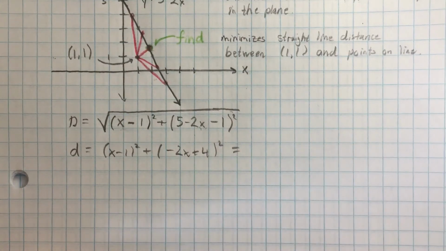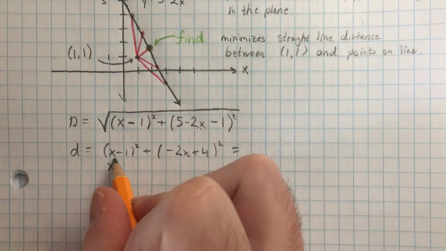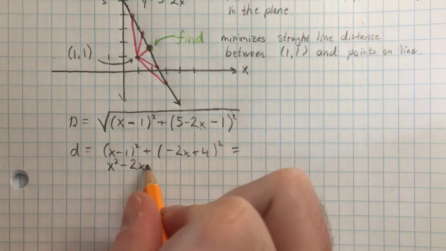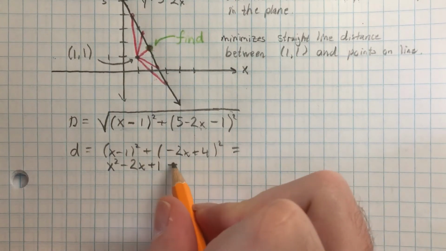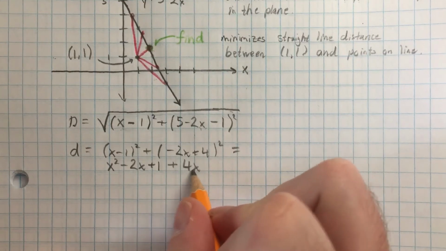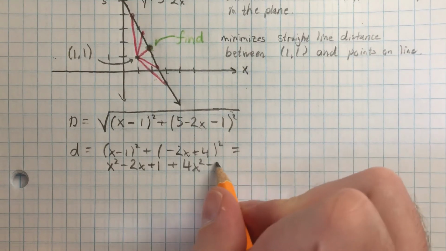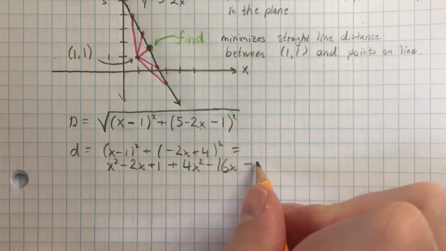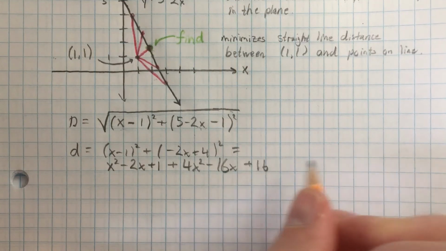Let's just keep simplifying this as much as possible before we take the derivative. So x squared minus 2x plus 1 plus 4x squared minus 16x, or plus 16 I should say.